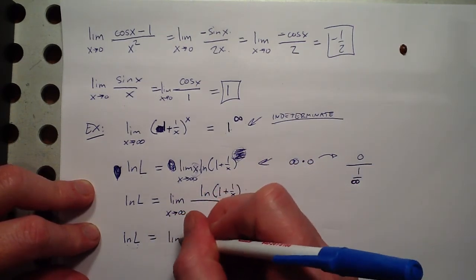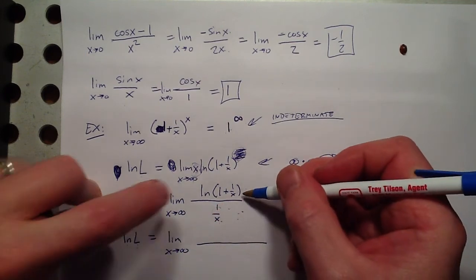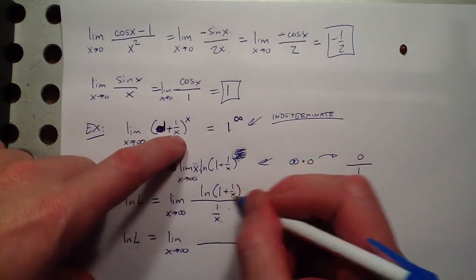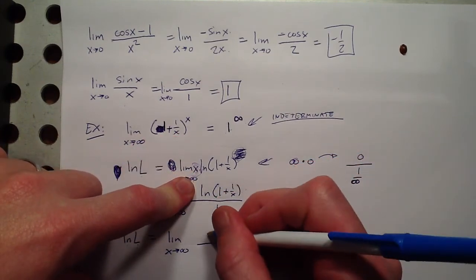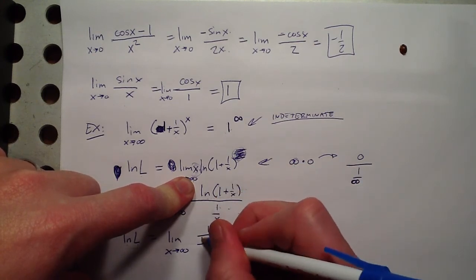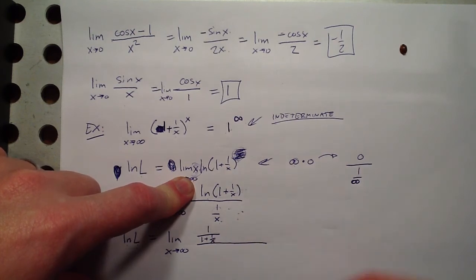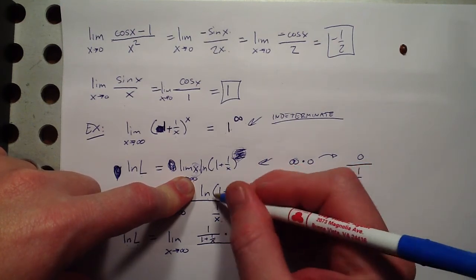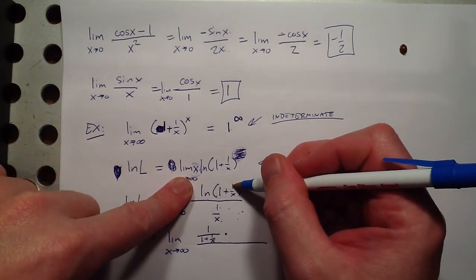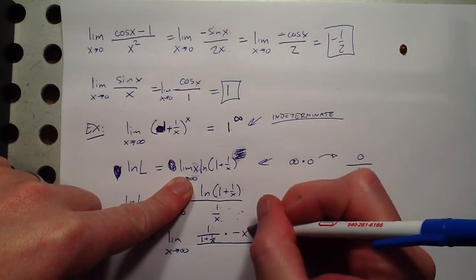So let's see, the limit as x approaches infinity of the derivative of the top. Let's see, what's the derivative of this? The derivative of the top would be 1 over whatever, since the derivative of natural log of whatever is 1 over whatever, times the derivative of what's inside. The derivative of 1 is 0. The derivative of 1 over x, that's x to the negative 1, is negative x to the negative 2.